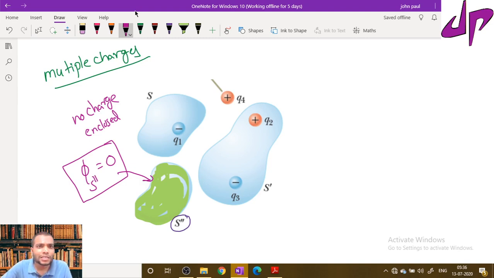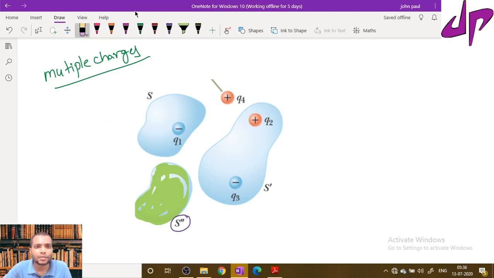Now you can see the third point, multiple charges. Suppose you take the surface S dash. Now the surface S dash is located around two charges, and your Gaussian surface is enclosed by the two charges. Now what is the net flux here?